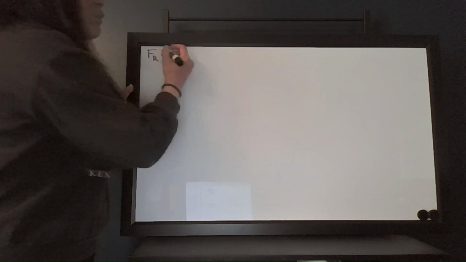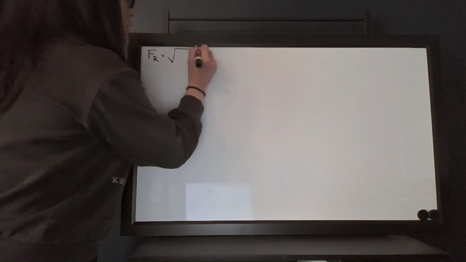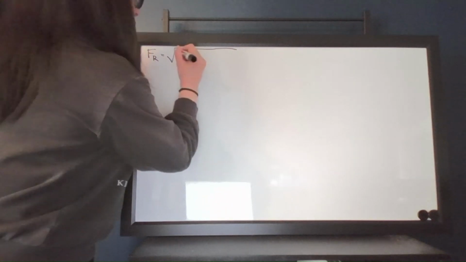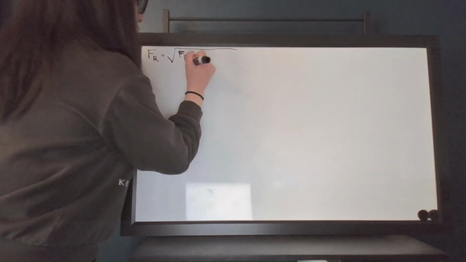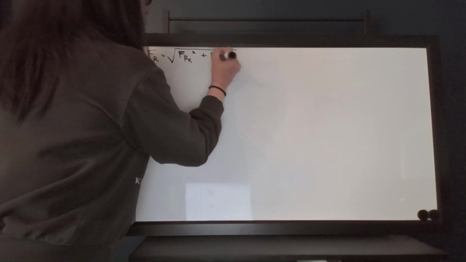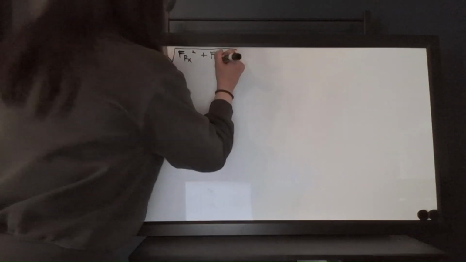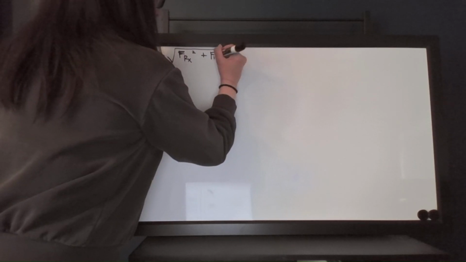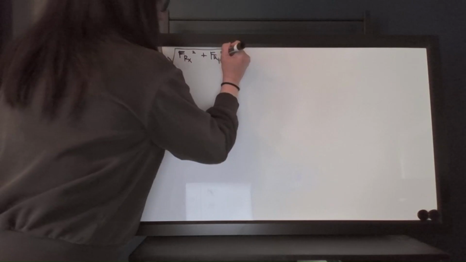So the resultant force equals the square root of the resultant force in the x direction, Frx squared, plus the resultant force in the y direction, Fry squared.